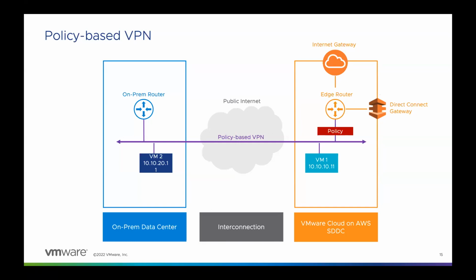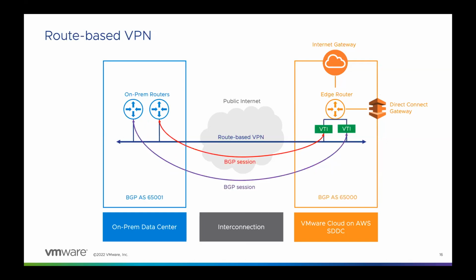So it's really not a practical choice if you have a lot of networks, due to the fact that you have to continuously add these manual routes on both sides. It is a viable option for customers that don't have a lot of routes, but typically in a production enterprise environment, they're going to leverage route-based VPN, which I'll talk about in the next slide.